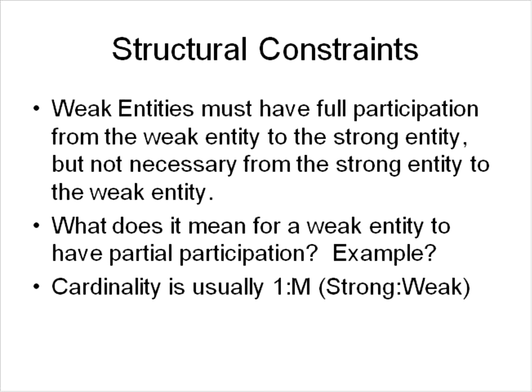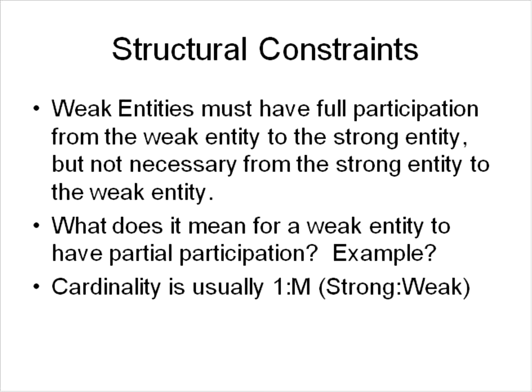If you look at page 175, there's a partial participation between the employee and the dependent, but there's a full participation between the dependent and the employee. So an employee may or may not have a dependent, but if there is a dependent, it has to depend on the employee. Weak entities, by their very nature, mean that there has to be full participation between the weak entity and its strong entity.